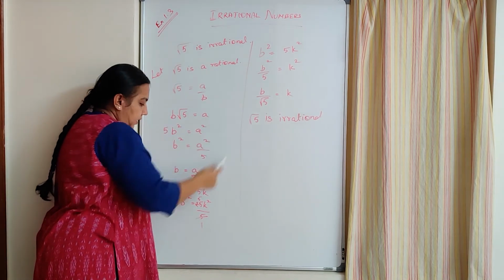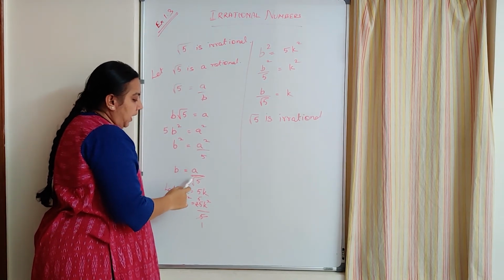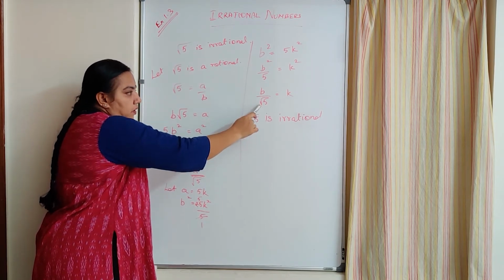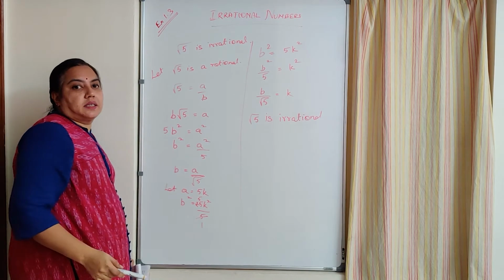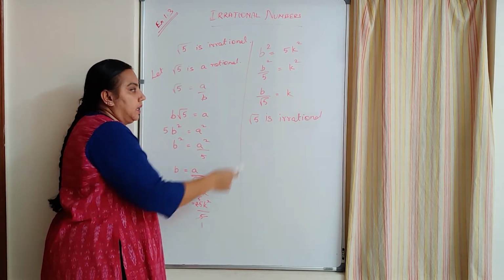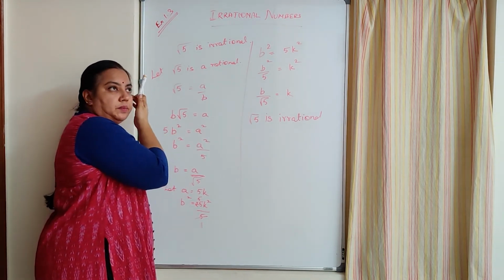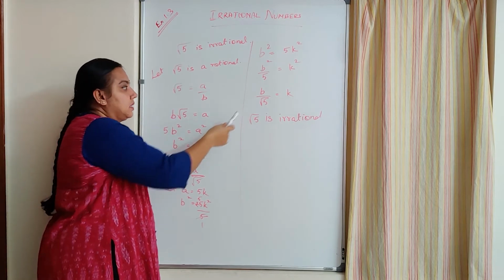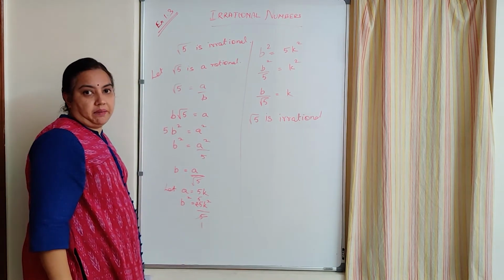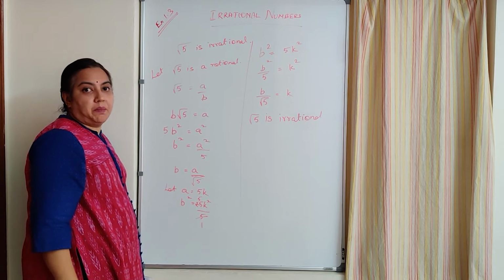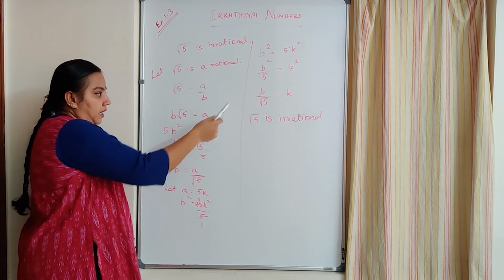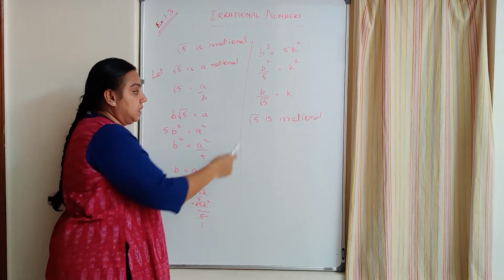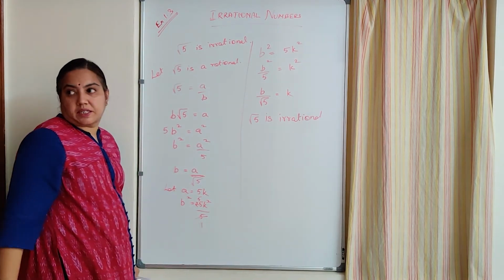I find the value of k, which is equal to a by square root of 5, b by square root of 5. Here the square root of 5 in the denominator also means that it is a factor of a and b. But being a prime number, it cannot be a factor of these. So because of that reason, square root of 5 becomes irrational.